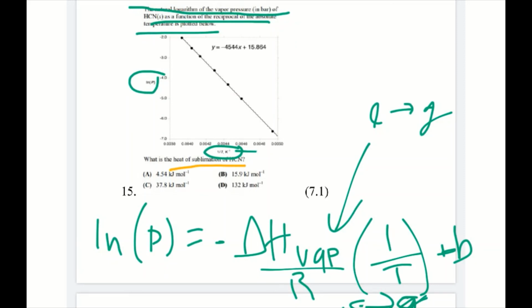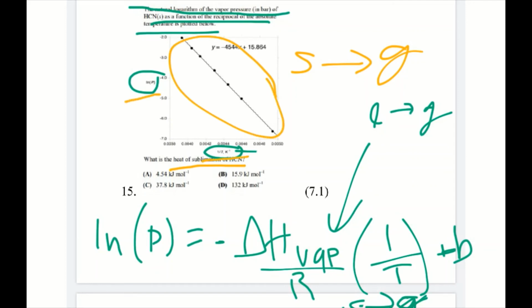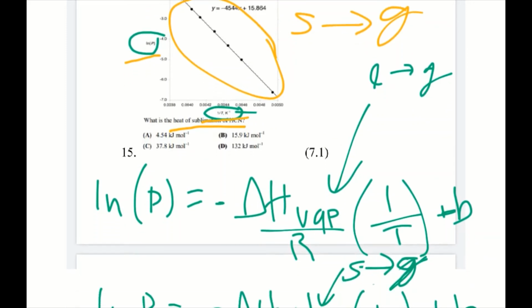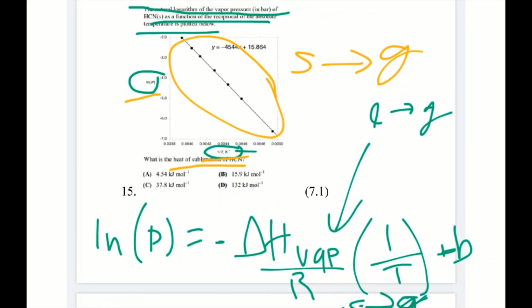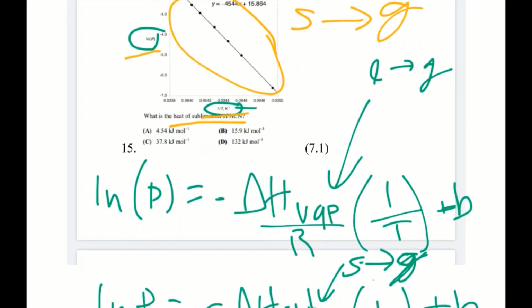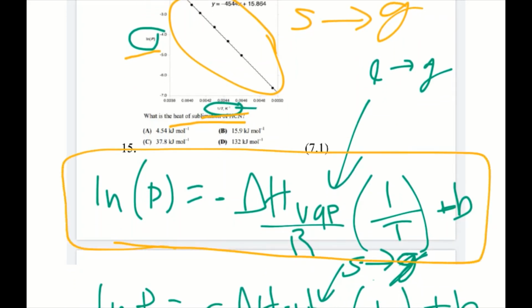Sublimation is the conversion of a solid to a gas. This graph, where you have ln of P and 1 over T, looks eerily familiar. This is actually the Clausius-Clapeyron equation in its line form.